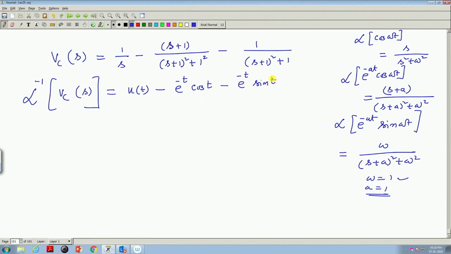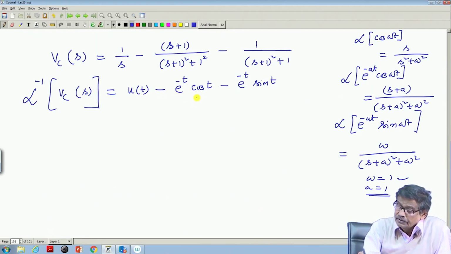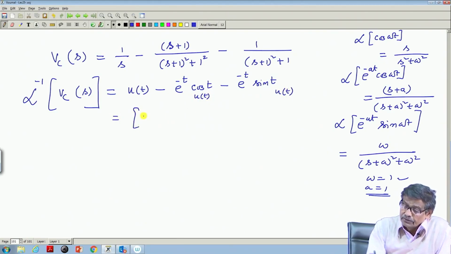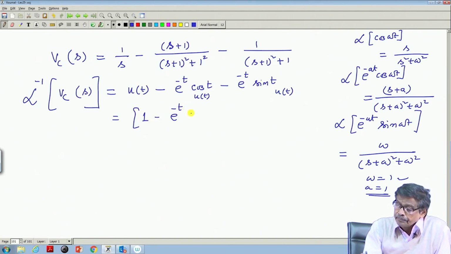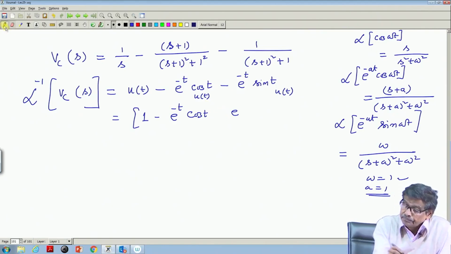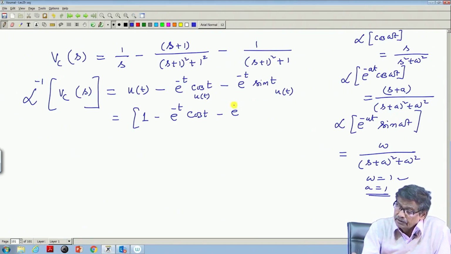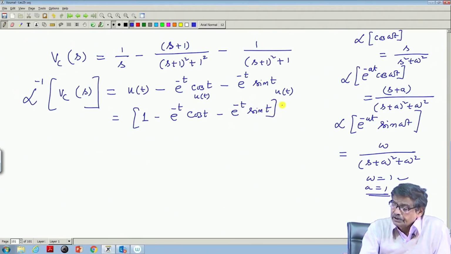That is all. And the whole thing is of course multiplied by u t, and so this can be written as 1 minus e to the power minus t cos t, not plus, minus only, minus e to the power minus t sin t, whole into u t.